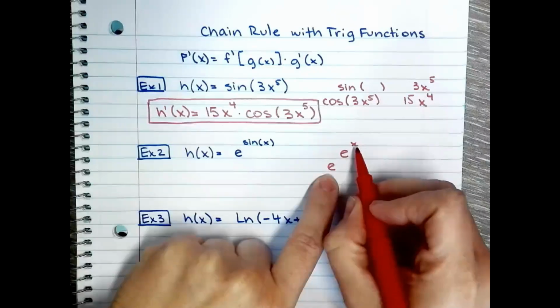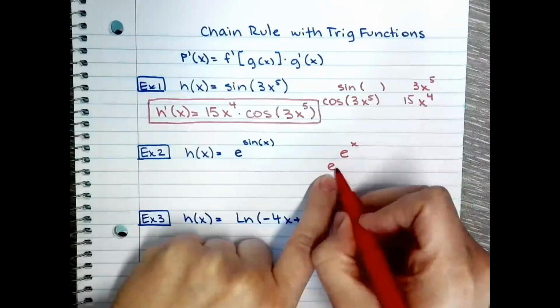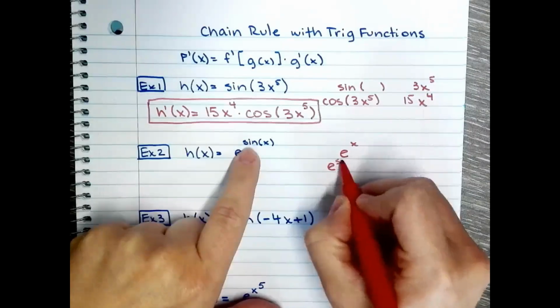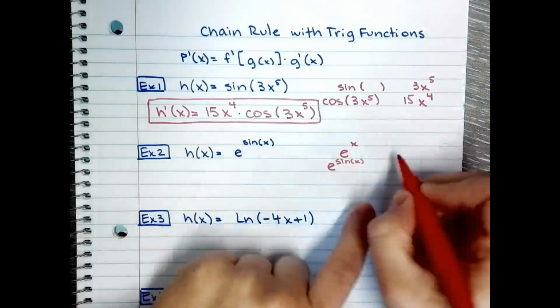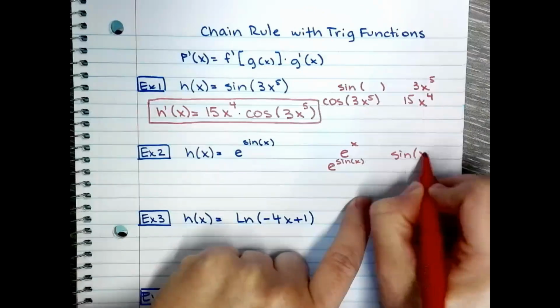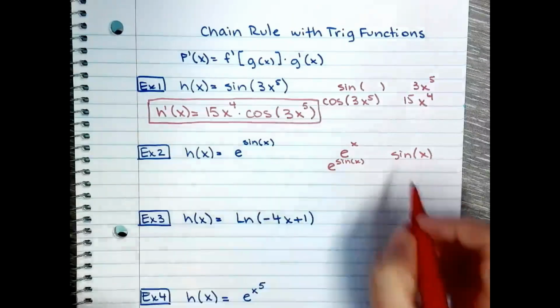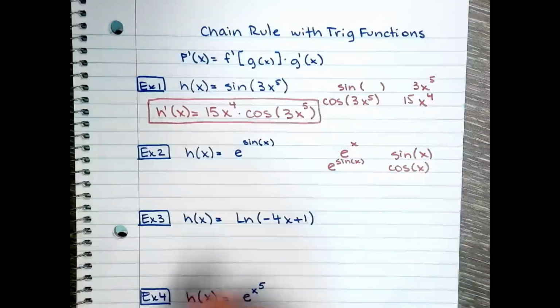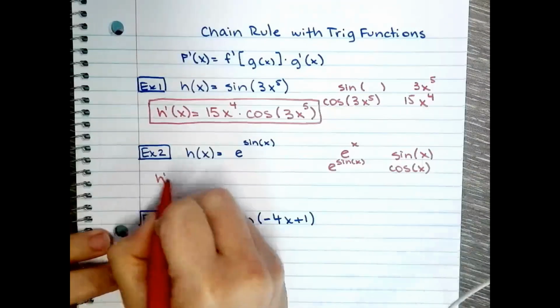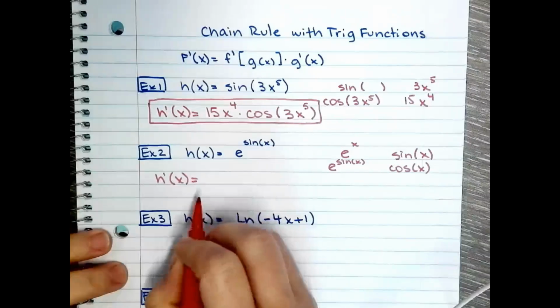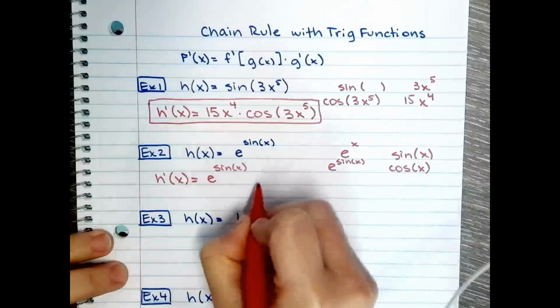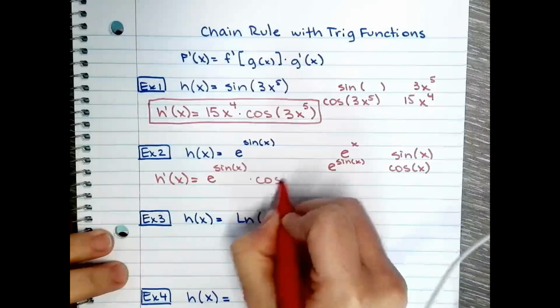But now the x is a function, so the derivative of this is going to be e to the power of sine of x. Now you also need to find the derivative of sine of x, and I know it's just cosine of x. Bring it all together. The derivative of that function will finally be e to the power of sine of x times cosine of x.